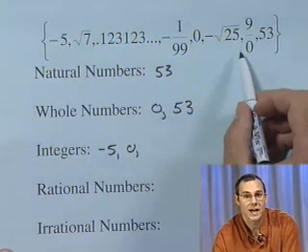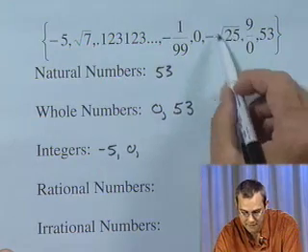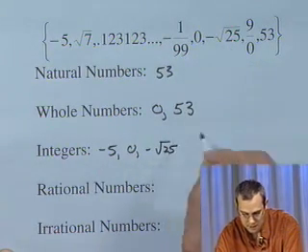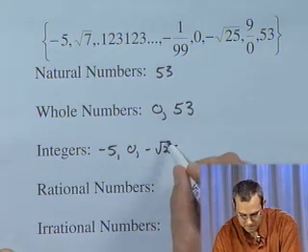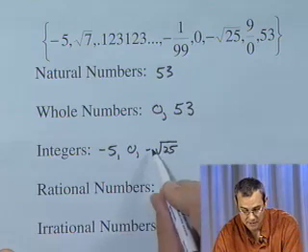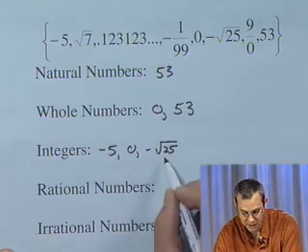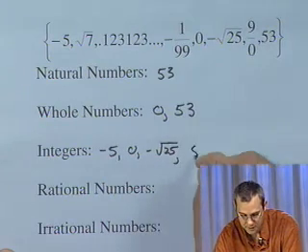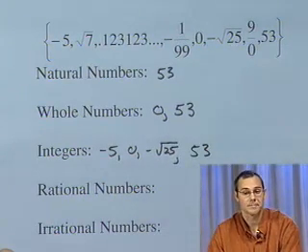Notice the square root of 25 actually reduces to 5. So that's actually an integer, right? The square root of 25 is actually 5, and 5 times negative is negative 5. So this is actually an integer. That's not an integer. 53 is certainly an integer.